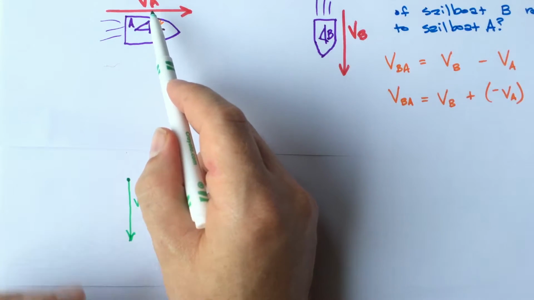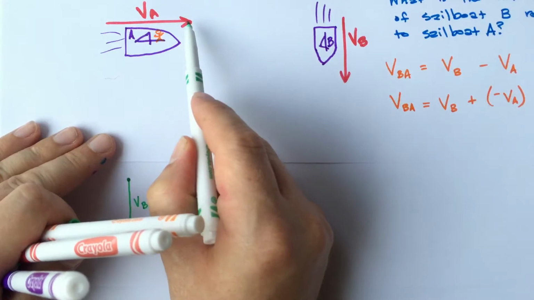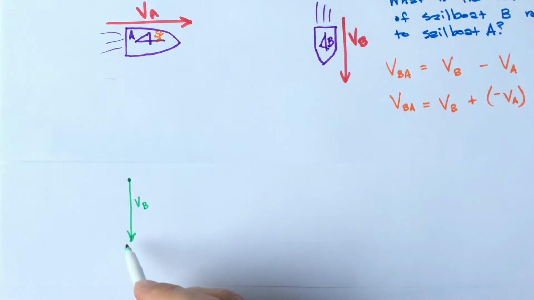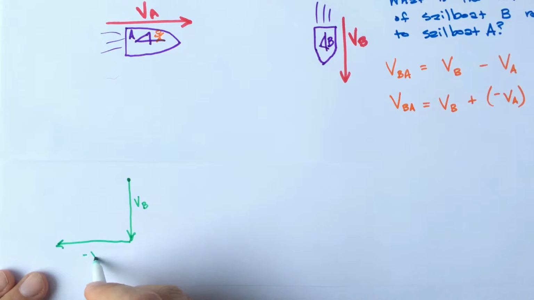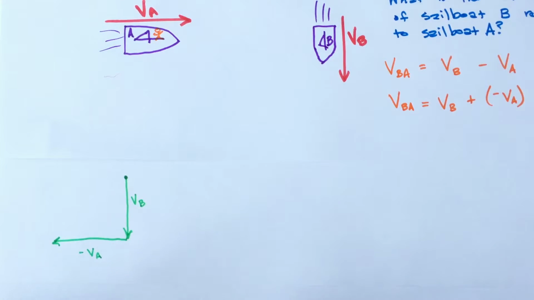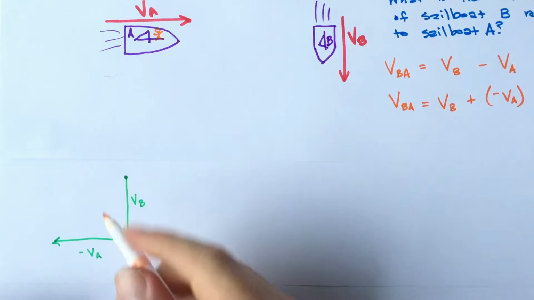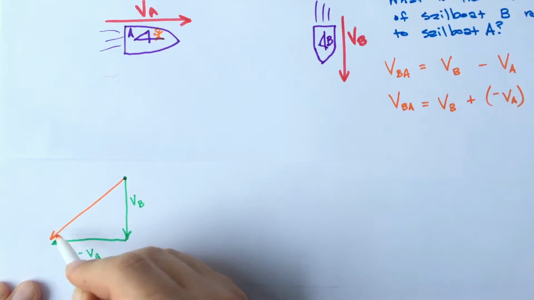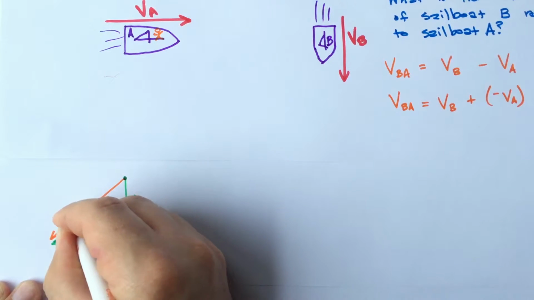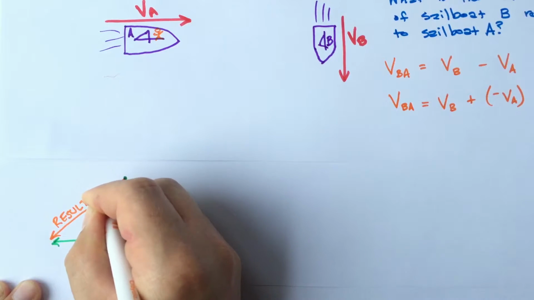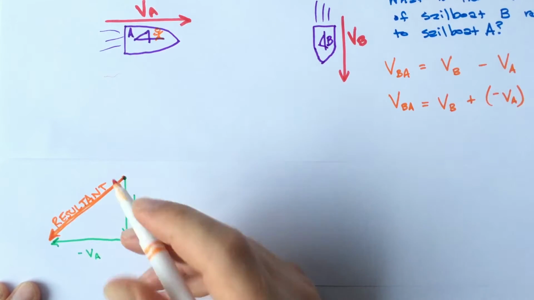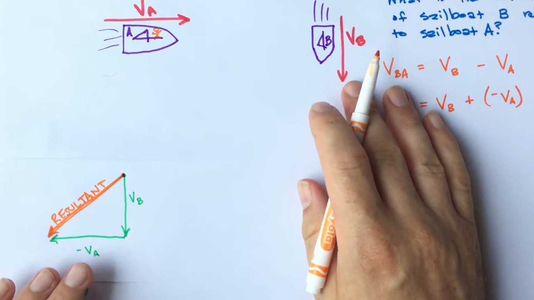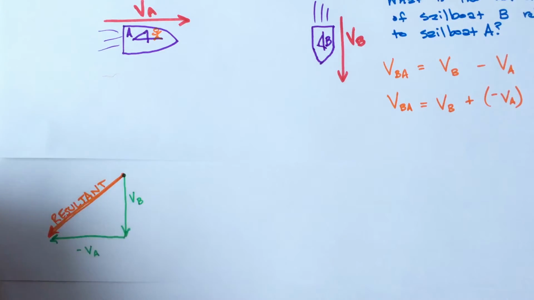So if VA is going to the right, negative VA, I would have to add to this. This is what negative VA looks like. And our resultant vector then is a vector that is headed, well, what direction is this? Well, let's look back at our map compass here.